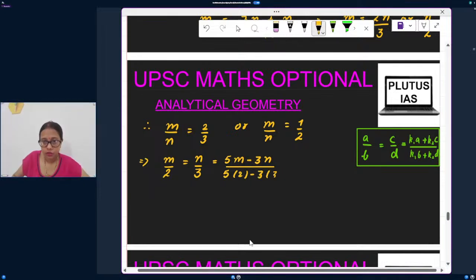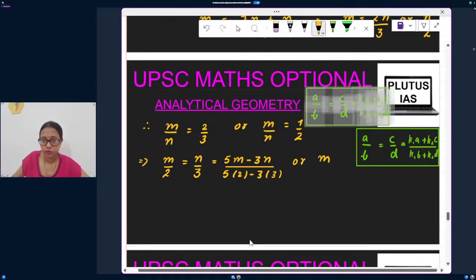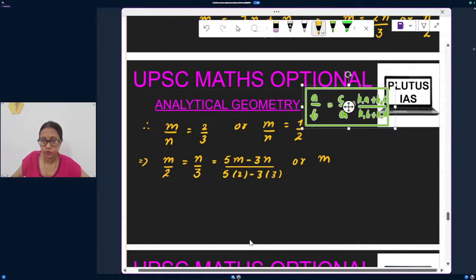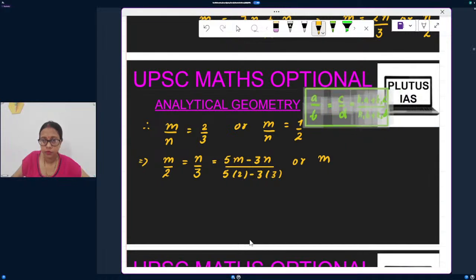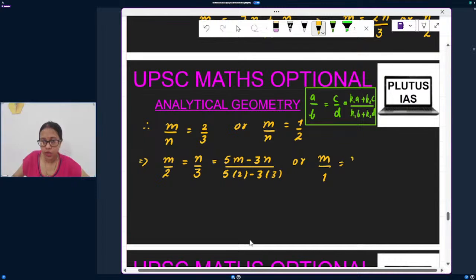Or for this one, m by 1 is equal to n by 2, which is also equal to 5m minus 3n divided by 5 times 1 minus 3 times 2.